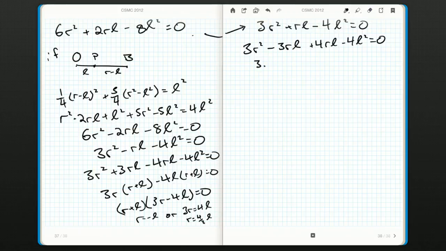So that's going to be 3r plus 4L, r minus L. Right, so that'll give us the minus 4L squared, that'll give us the plus 3r squared, then 3r minus L, so that's negative 3rL, 4Lr, so that's plus 4rL.